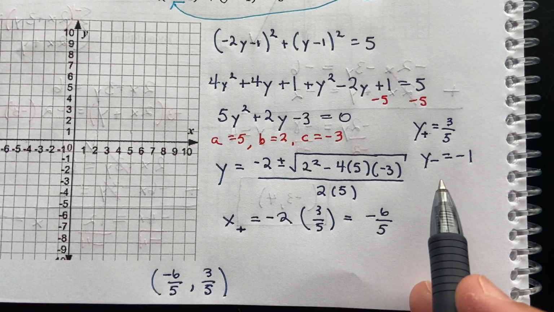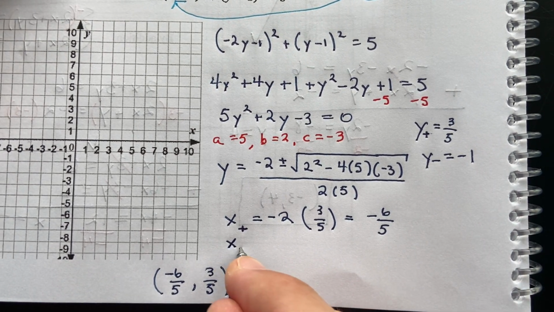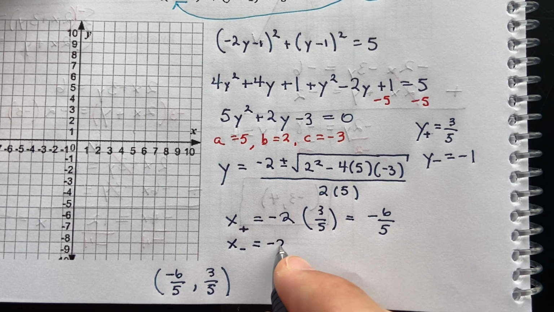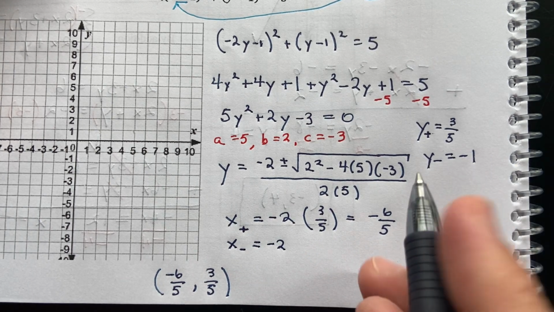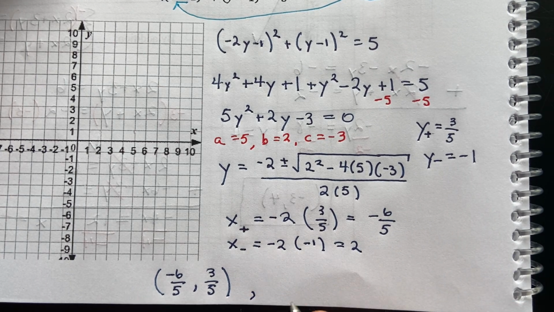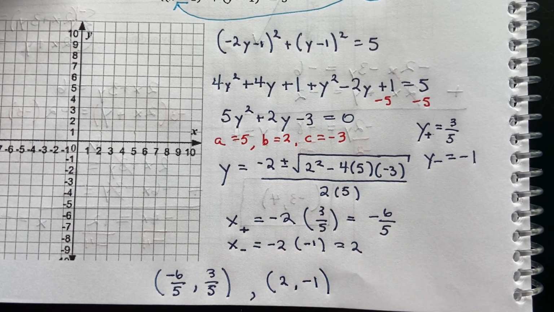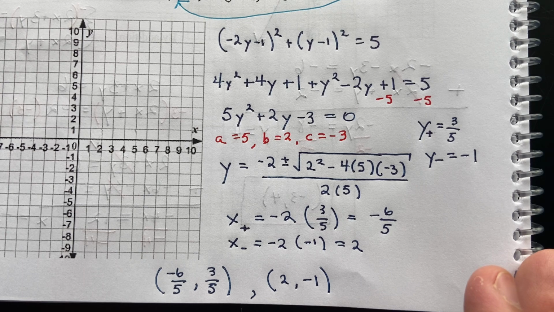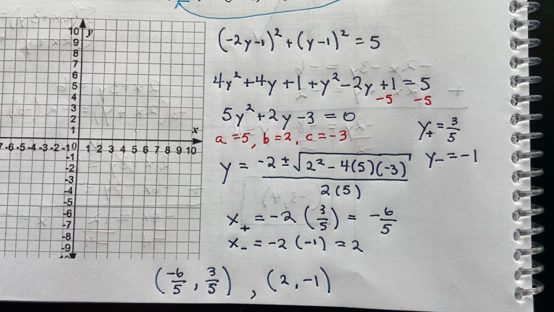And then to get x minus, this comes from plugging in y minus. So negative 2 times negative 1 is 2. So we also have 2, negative 1, apparently, as a solution. Some kind of strange answers this time.